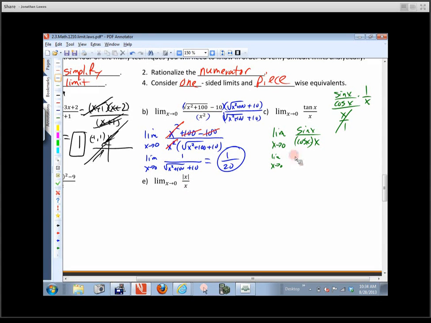I'm going to write this as 1 over cosine of x times the sine of x over x. Now, is that okay? You bet it is. Because really there's a 1 out in front there if I wanted to use it. So I'm doing 1 over the cosine of x, sine of x over x. I'm using the properties that multiply fractions together, the fact that we just multiply the numerators together and multiply the denominators together, to break this into a multiplication problem.